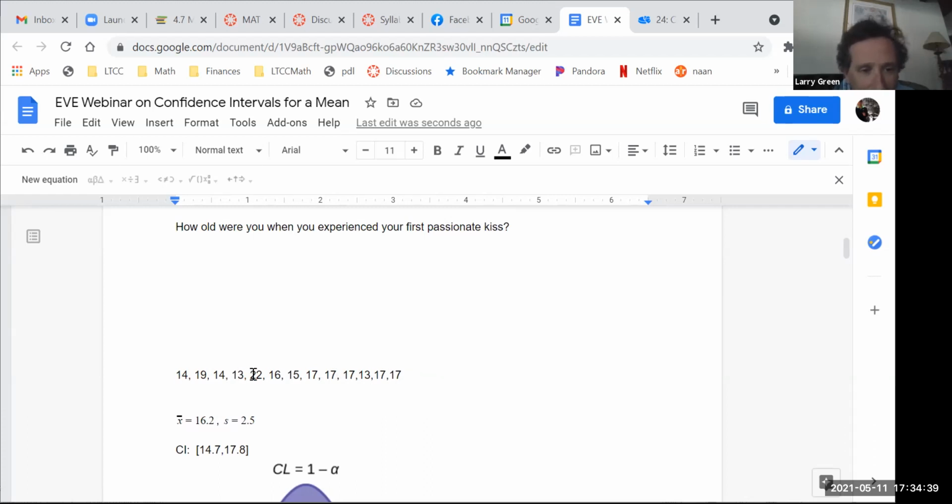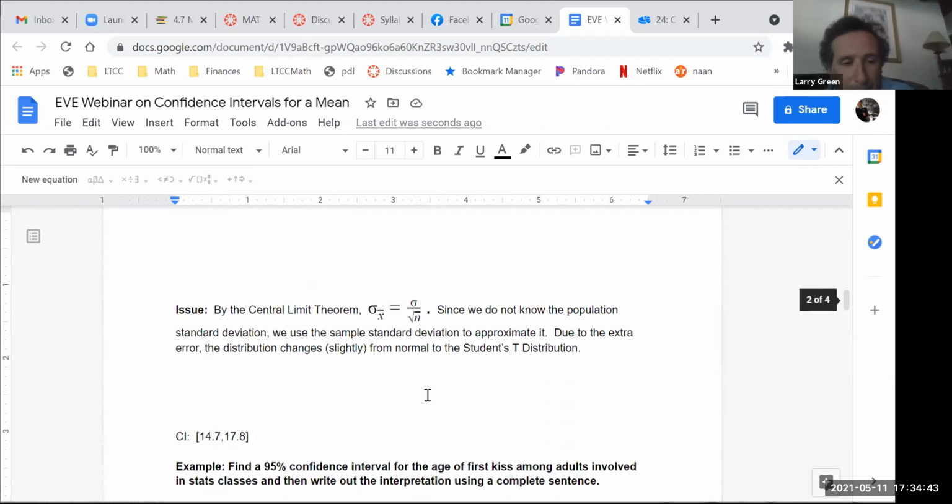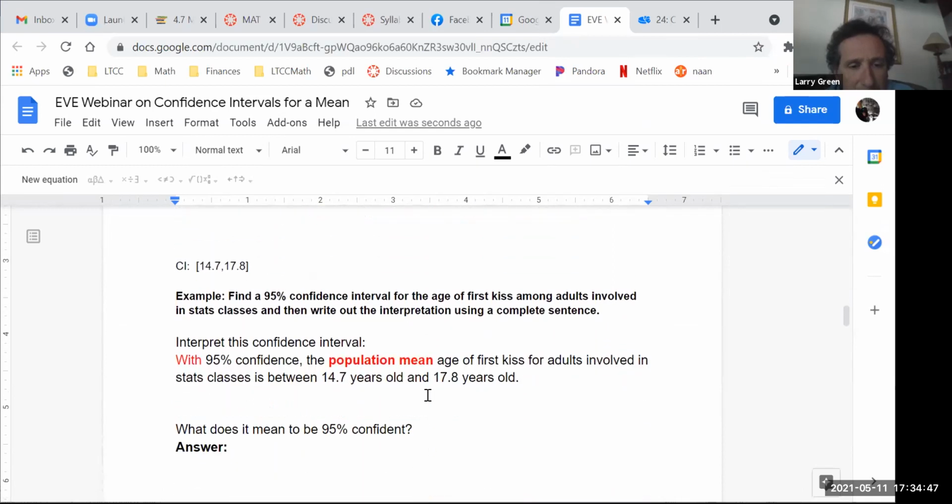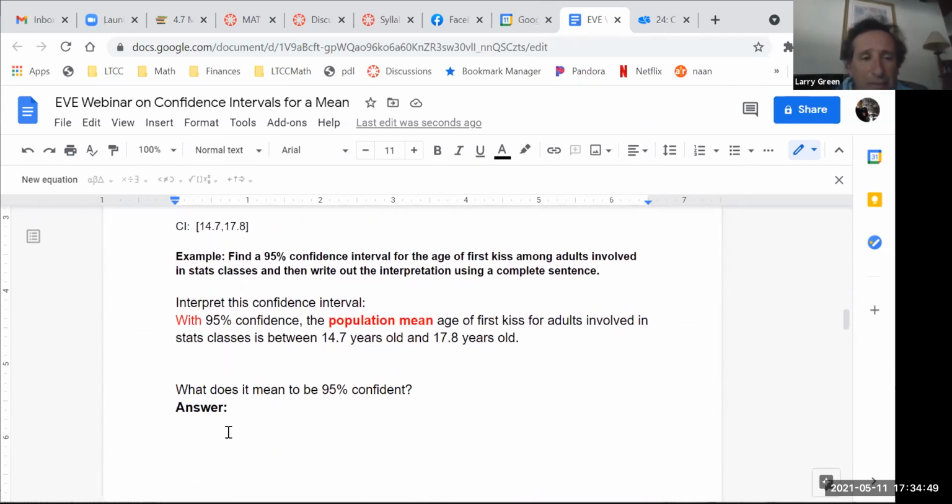We had 13 different people answer this. Well, if we went to a different 13 people, would we get the same confidence interval? If we went to a different group of 13 people involved in stats class, you'd get a different confidence interval. And you could go to another 13 and get another confidence interval, right?